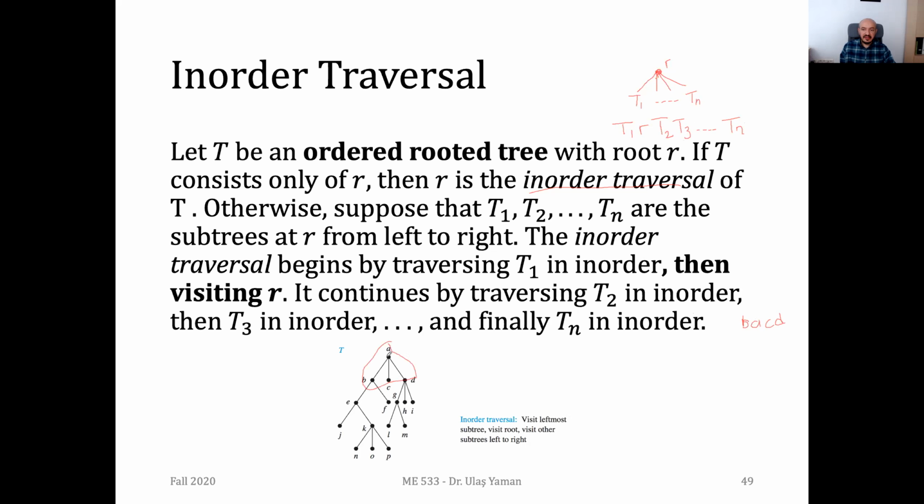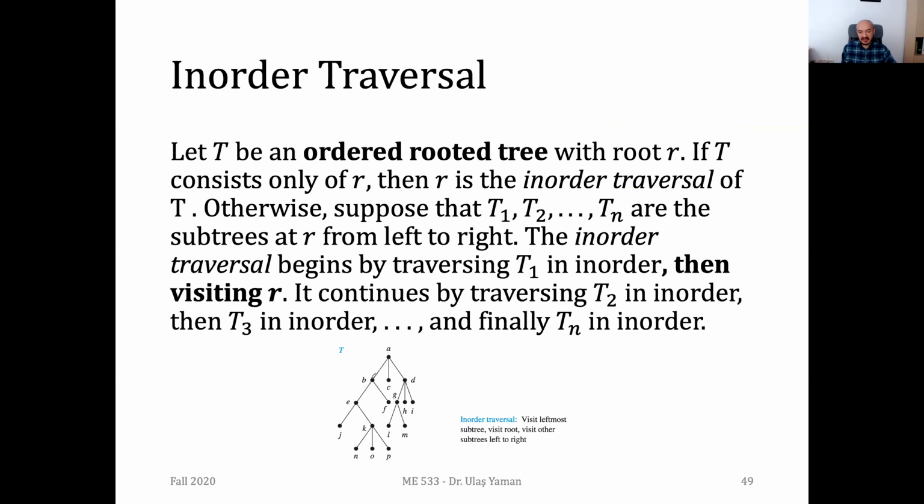Okay. Now we will try to write the in-order traversal for the whole example. So we should follow the rule. The rule says that the in-order traversal should begin with visiting the leftmost subtree. So if you start from the top, this is A, and it shouldn't be the first one.